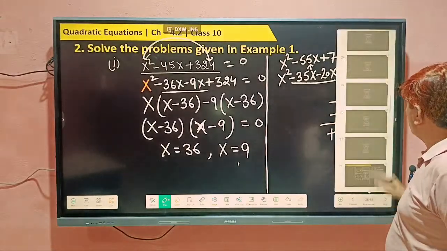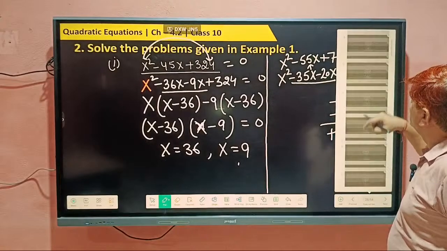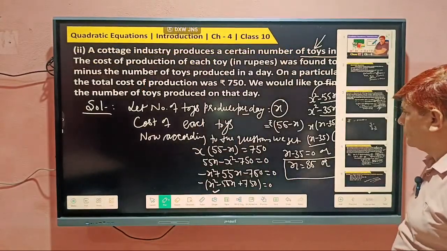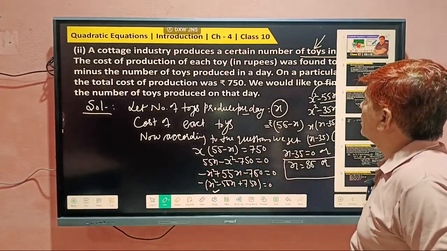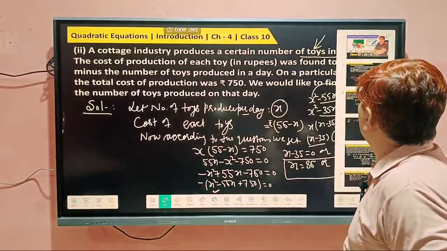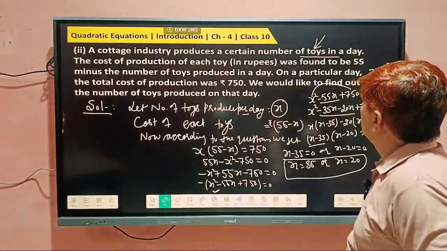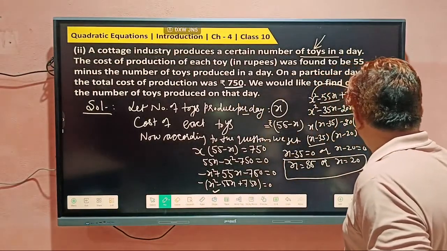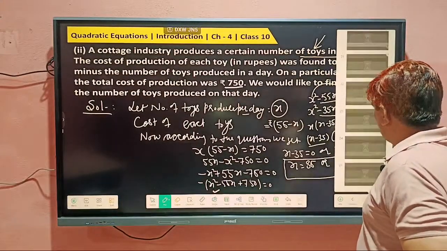So what's given? Once more check number 5, or it is written wrong. 750. Where is 750 given? Is this given 700 or 750? 750 is given. So we have to find that.